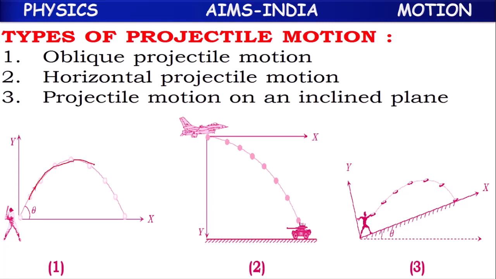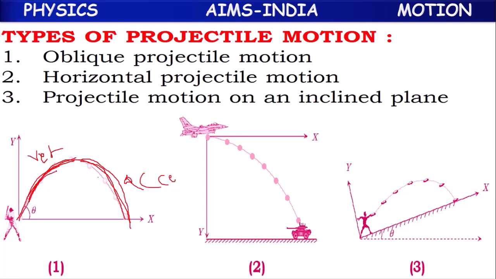While coming down, velocity increases continuously. Velocity decreases means retardation; velocity increases means acceleration. While going up, velocity decreases uniformly; while coming down, velocity increases uniformly.